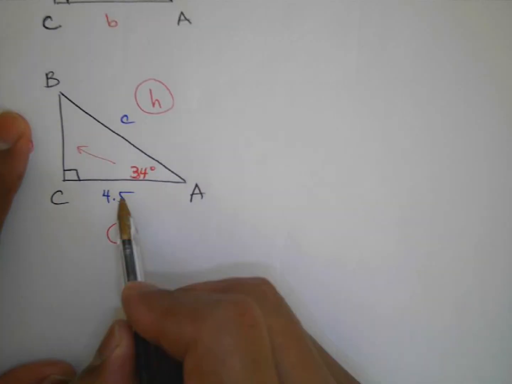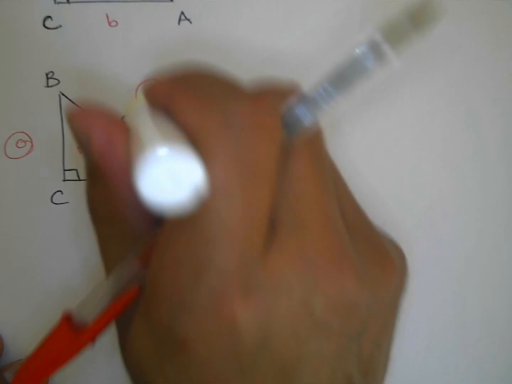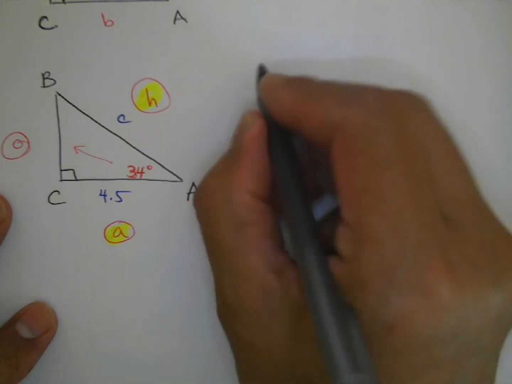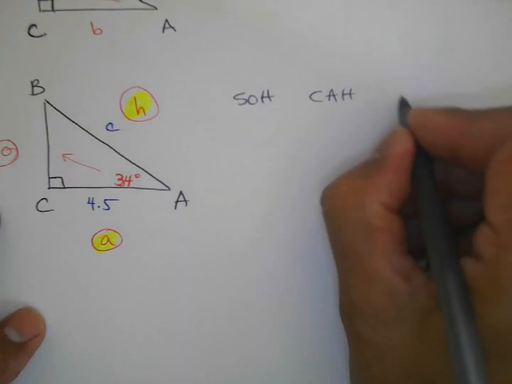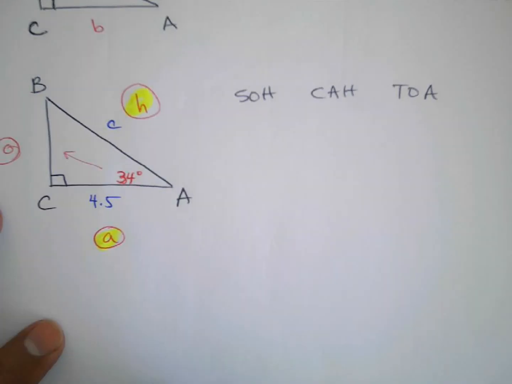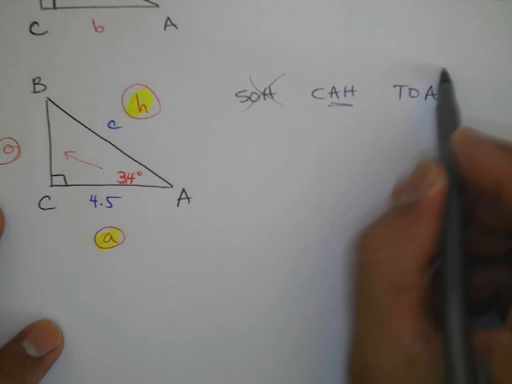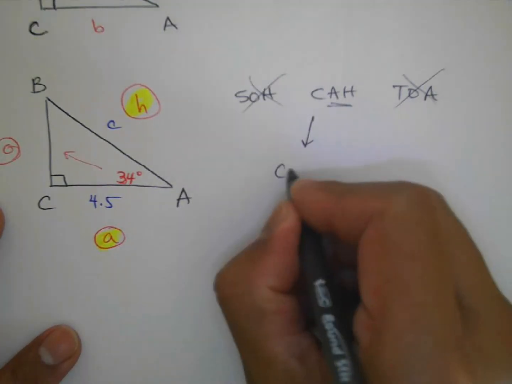There's nothing here. Here's the one I know. Here's the one I'm trying to find. I'm using the A and the H. Which function has A and H? Let's see. So, soh cah toa. Which one has the A and the H? Here you go. Not using that, not using that. That's how you know which function to use.